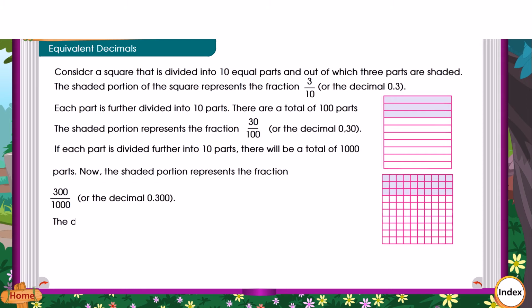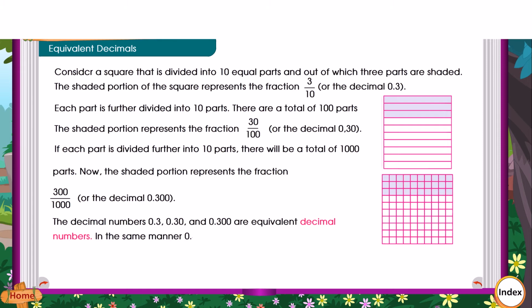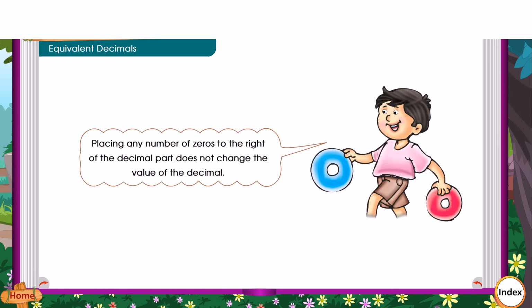The decimal numbers 0.3, 0.30 and 0.300 are equivalent decimal numbers. In the same manner, 0.4, 0.40 and 0.400 are equivalent decimal numbers. Placing any number of zeros to the right of the decimal part does not change the value of the decimal.